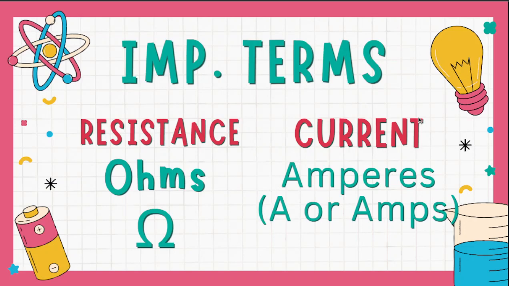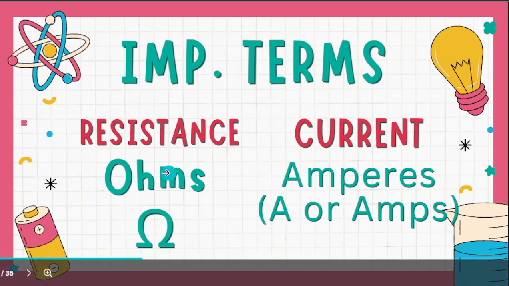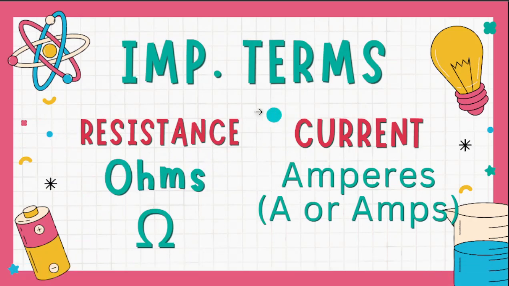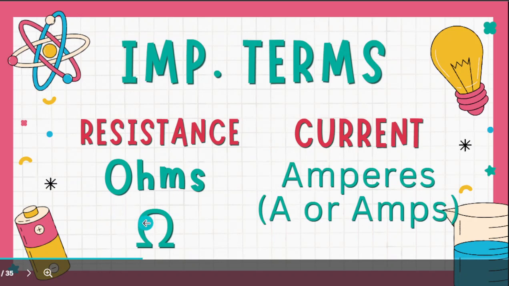So first of all, ohm. What is ohm? The symbol you can see over here, I am also pointing it out for you. This is the symbol of ohm. The SI unit of resistance is ohm, and the SI unit of current is ampere.